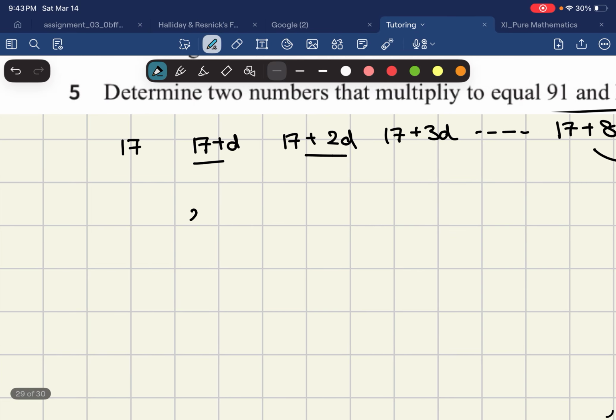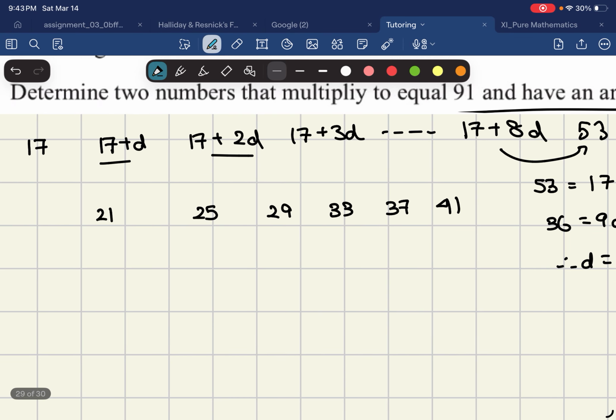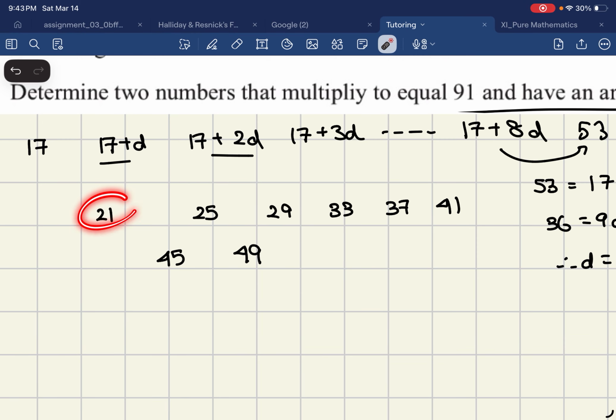And 17 plus 4 is 21, 25, 29, 33, 37, 41, 45 and 49. So you just want to substitute the value of d into all the expressions we have here and get your means. So it starts from 21, increments by 4 every time, and you stop at 49 to get your 8 arithmetic means.